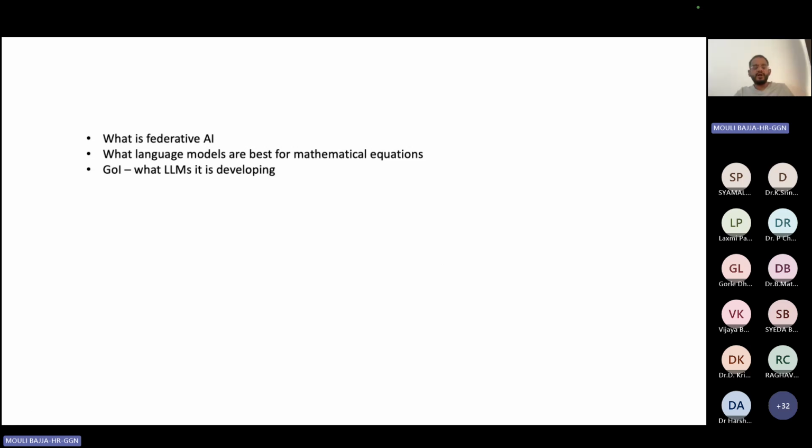Federative AI is federative learning, where if you don't want to share your data with others in any way, then you tokenize the data and give only pieces of data to the consumer, to the model developer.